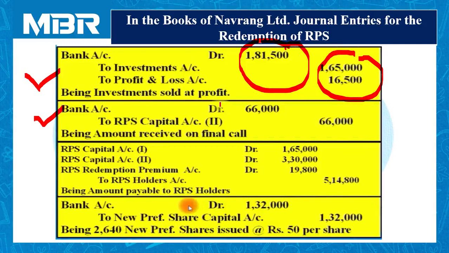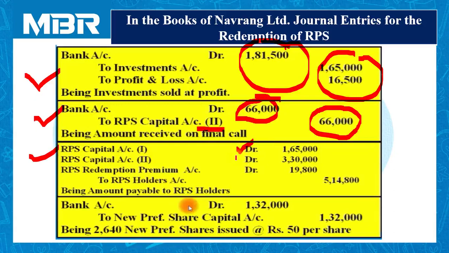Journal entry: bank account debited 66,000, to RPS capital account 66,000. For the purpose of our reference, we can name the preference shares either 1 or 2, A, B, X, Y, anything. Third, it is all about calculation of amount payable to RPS holders. RPS capital account debited 1,65,000.